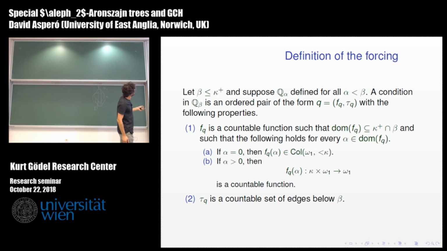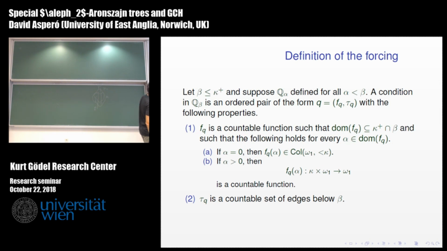So I just start with some notation. Now I'm building this iteration of length kappa plus, and I say, suppose I have a stage beta, and I defined Q alpha for all previous alphas, and then the condition has these two parts.